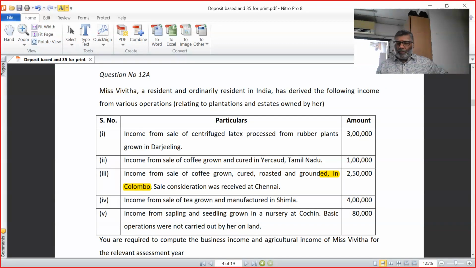We are required to compute the business income and agricultural income.